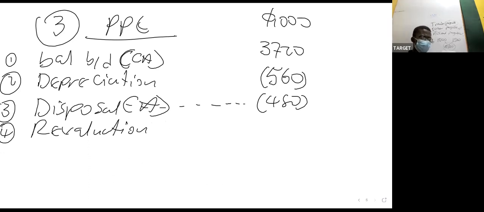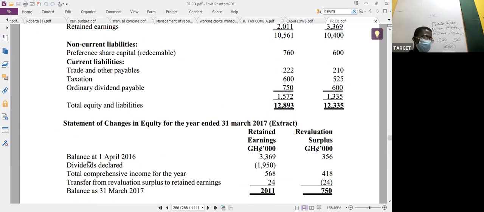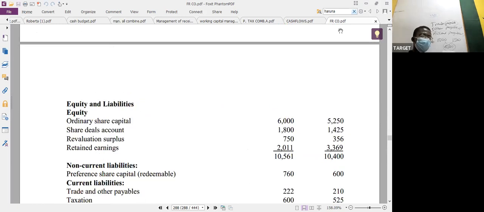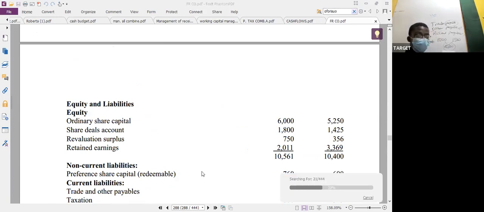So check the revaluation. Let's go to revaluation. In Haruna 2, I think there was revaluation. Yes, there was revaluation. So let's take note of that. Let's go back to our question.